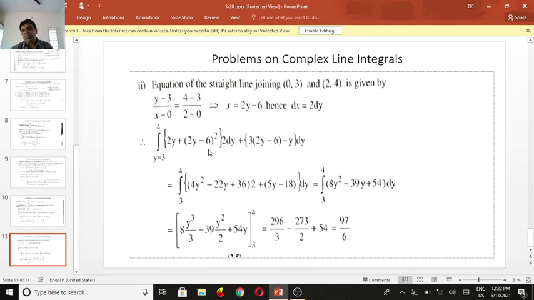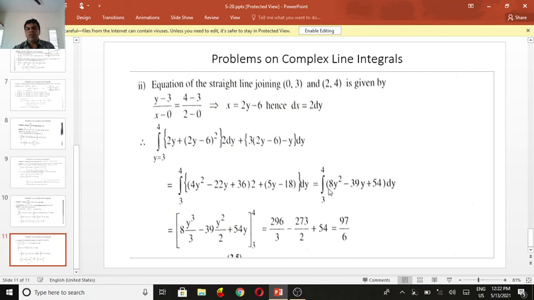So replacing x by 2y minus 6, y varies from 3 to 4, we get (4y² minus 22y plus 36) times 2 plus (5y minus 18) dy. So we get y varying from 3 to 4, 8y² minus 39y plus 54.